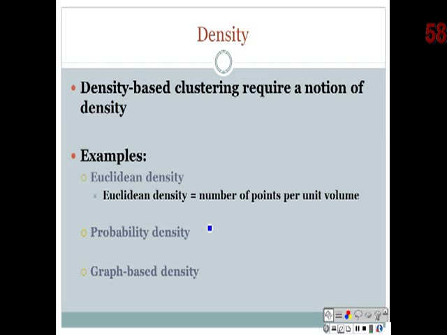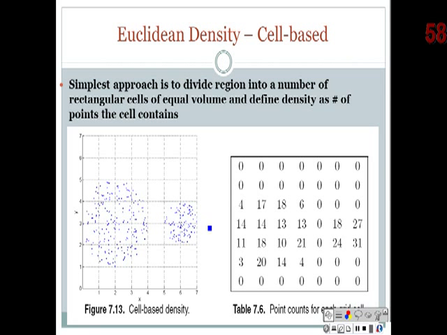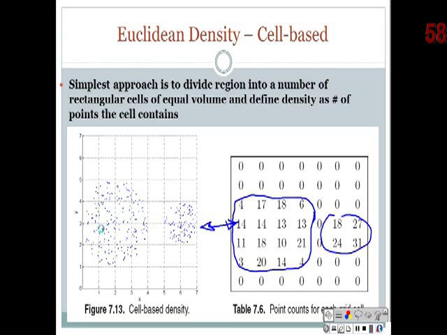There is another concept, which is probability density, and there is a graph-based density, very popular, and you can investigate them. The Euclidean density, which is cell-based, you can see from looking at the data here. If I'm looking at the metric here, you can by yourself distinguish between those zeros, this cluster here and this cluster here, and you can see the mapping, how it ended up with this kind of density function.